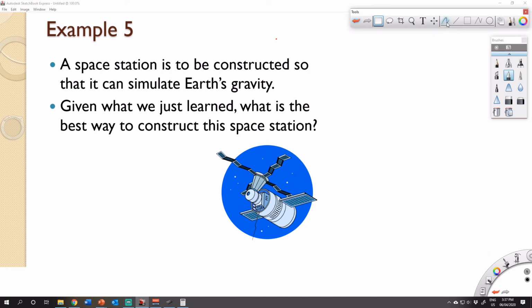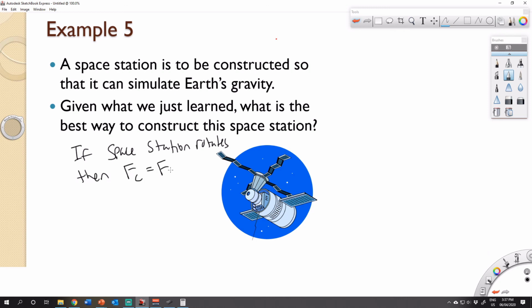Because if the space station rotates, then we can give the illusion that centripetal force creates a force of gravity.